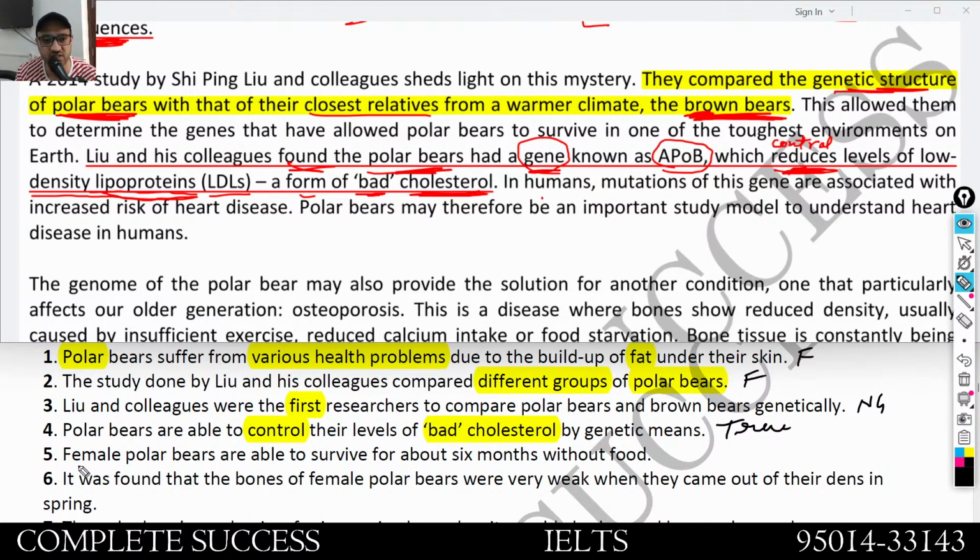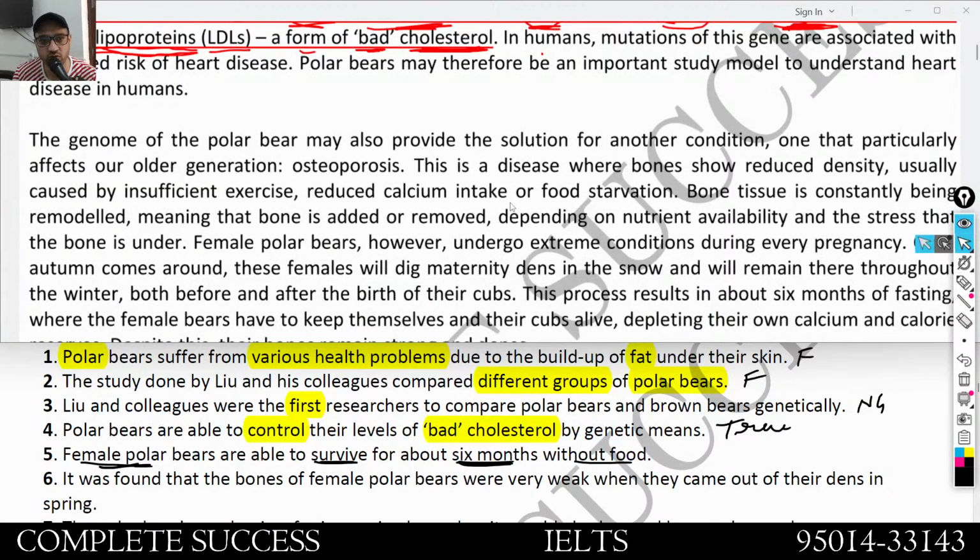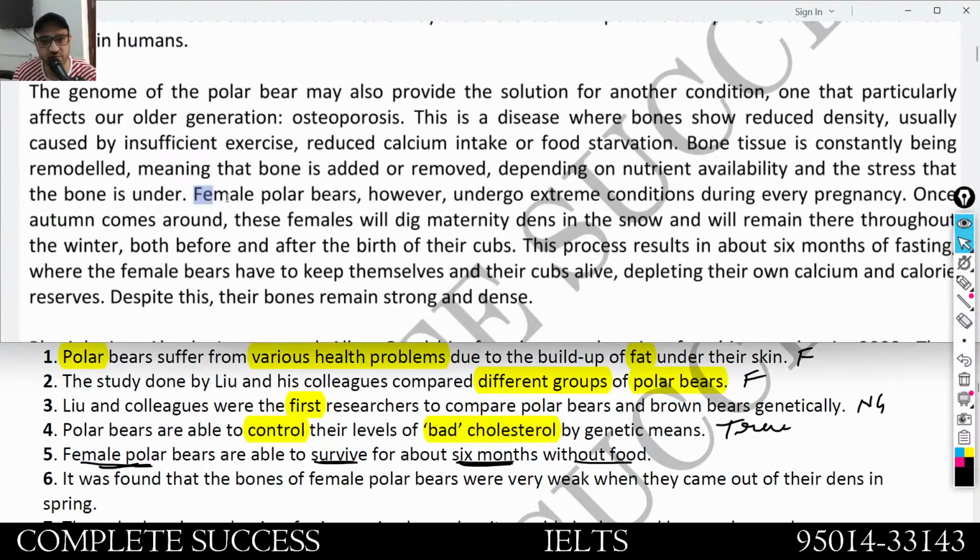Now the next question says, female polar bears are able to survive for about 6 months without food. So is it true? Could female polar bears survive for 6 months without food? You can check this information here, because here it is written female polar bears.